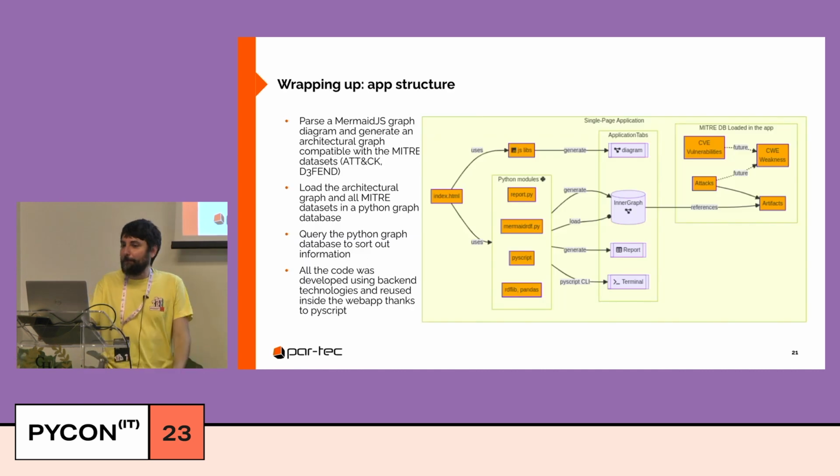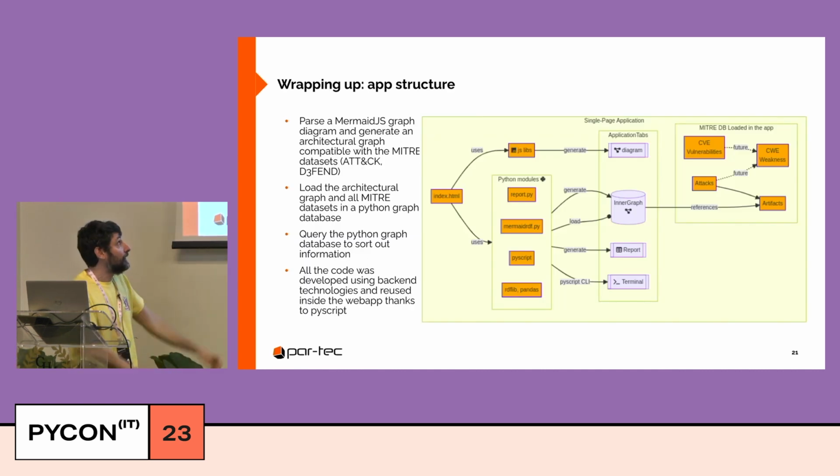So the application structure is this one. There is this index.html that uses the JavaScript libraries to create a diagram. This is made with Mermaid. The index.html uses all these libraries packed in a nice wheel file that generates the inner graph and loads the inner graph.